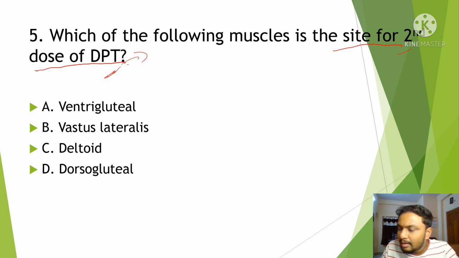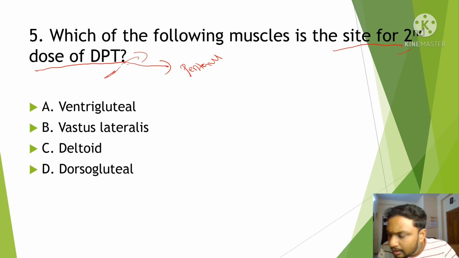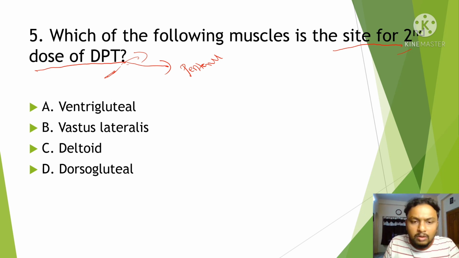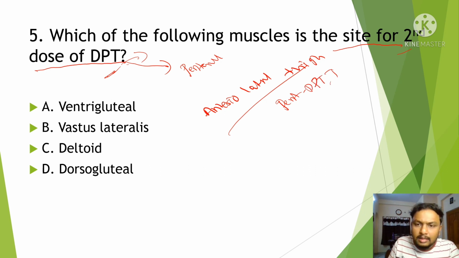As I told you in the previous question also, instead of DPT we are giving pentavalent, and we give it in the anterolateral thigh region. This penta or DPT vaccine is given IM. The anterolateral thigh is nothing but the vastus lateralis muscle.